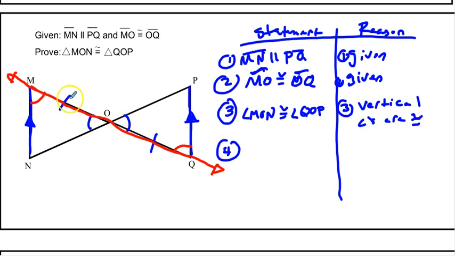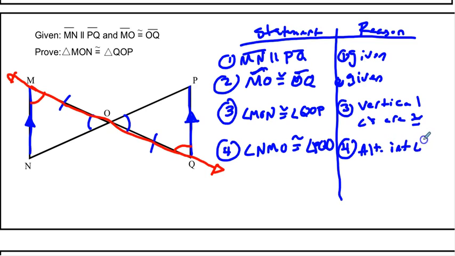So we've talked about why MO is congruent to OQ. We've said why these two angles are congruent, the vertical angles, and now we mark this angle right here. We said that angle NMO is congruent to angle PQO. And why did we say that again? Oh yeah, alternate interior angles are congruent.